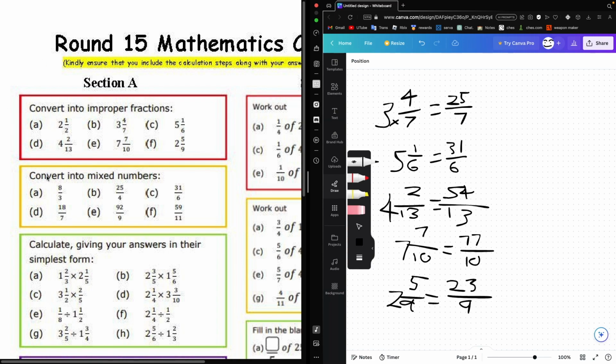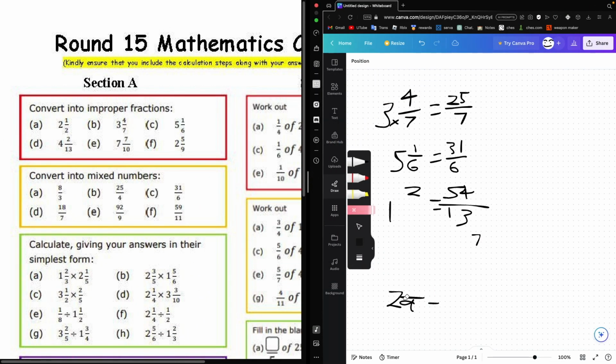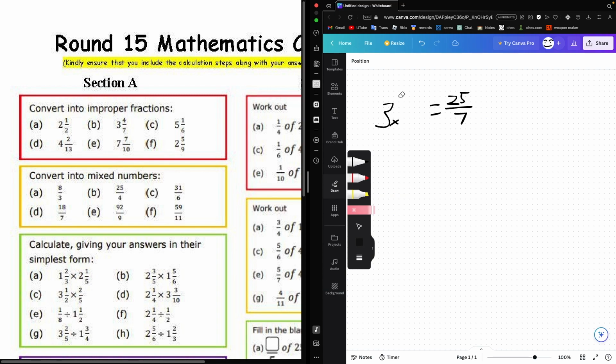Now we have covered the first box. Let's go to the next box. This one I just convert the mixed numbers, which is the opposite of what we just did. Take 8/3.